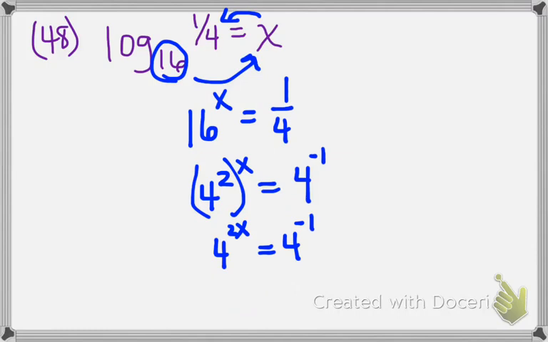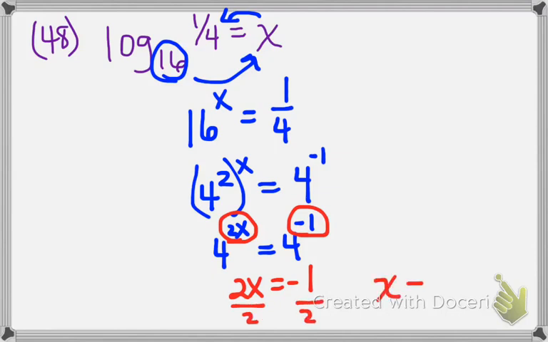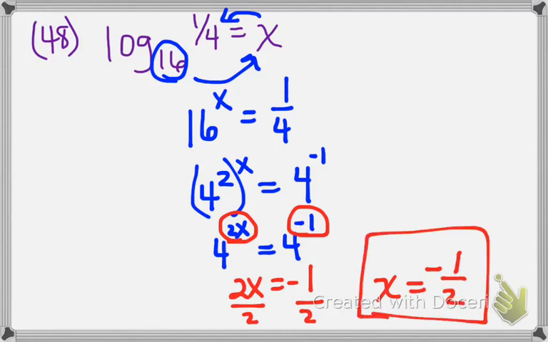So the fact that they're equal tells me that 2x has to be equal to negative 1. So if I divide by 2, then x has to be equal to negative 1/2. So if I wanted to check myself in the calculator, I could say 16 to the negative 1/2 power and make sure that the answer that I get is 1/4. And it should be.